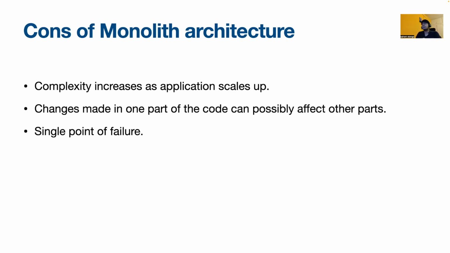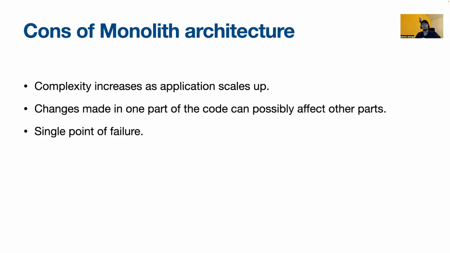Next one is that changes made in one part of the code can possibly affect other parts. When you're maintaining a single code base that is tightly coupled, whenever you make changes, it could break several other parts of your code base without your knowledge.